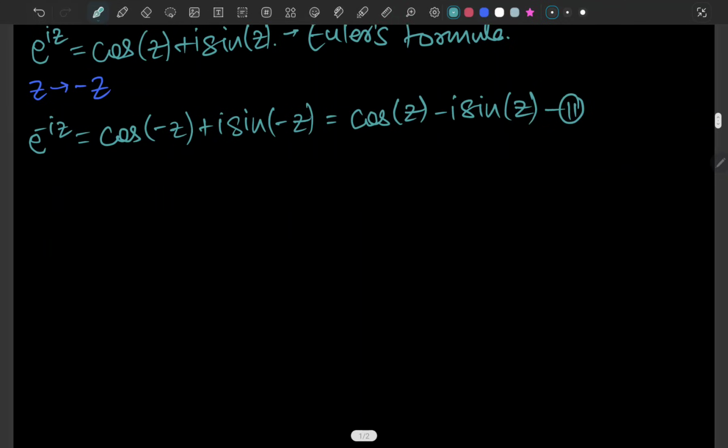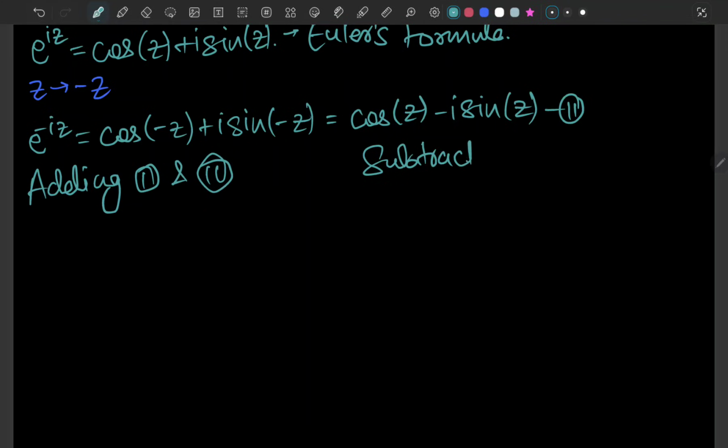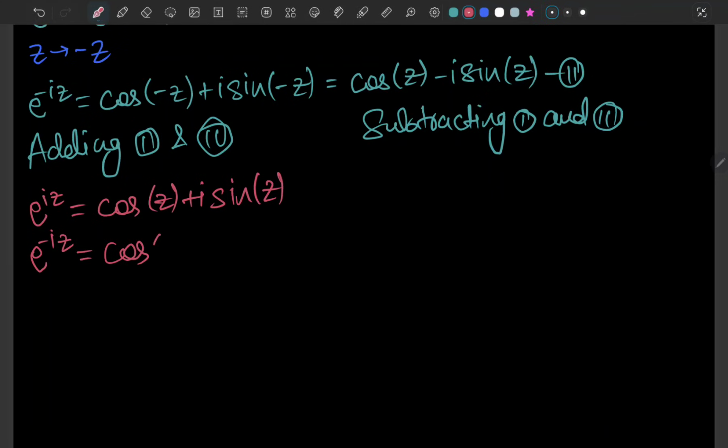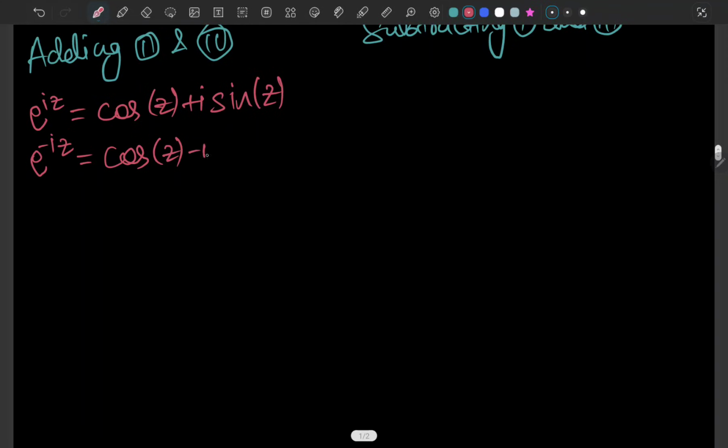Now what I'm going to do here is add the first and second equations, and also subtract them. So first adding: e to the iz equals cosine of z plus i times sine of z, and e to the minus iz equals cosine of z minus i times sine of z.